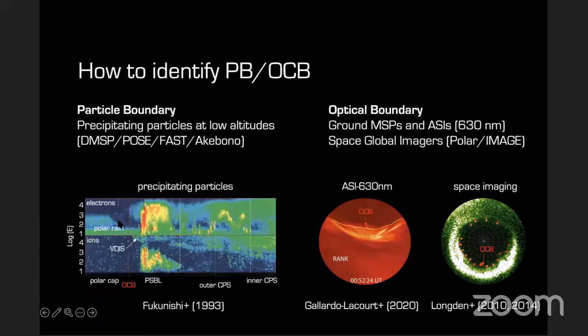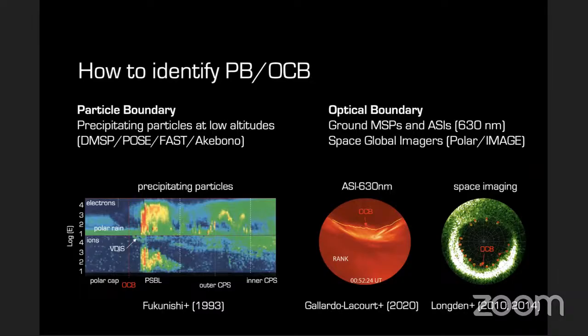For instance, a sharp transition between polar rain and plasma sheet electrons, and a gradually dispersed ion structure, which is called VDIS. The VDIS is suggested to be a manifestation of magnetic reconnection.